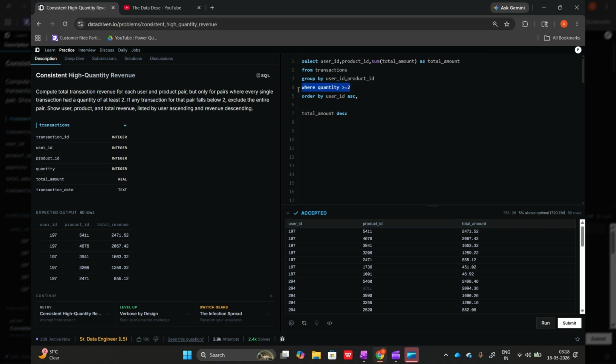I wrote it before the GROUP BY, because WHERE is the first condition in the execution plan. Obviously this will not get the desired result. So now let's move on to the explanation where we have a clearer picture of WHERE and HAVING.